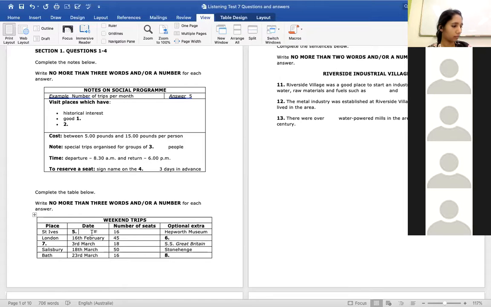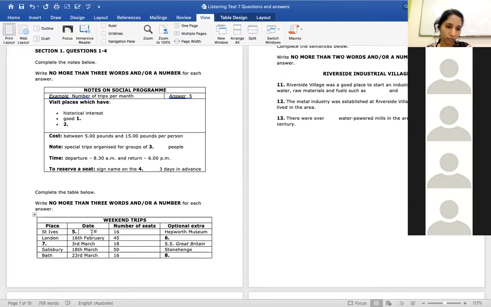Well, the first one is St. Ives. That's on the 13th of February, and we'll have only 16 places available because we're going by minibus. And that's a day in town with the optional extra of visiting the Hepworth Museum. All right. Yeah, that sounds good.